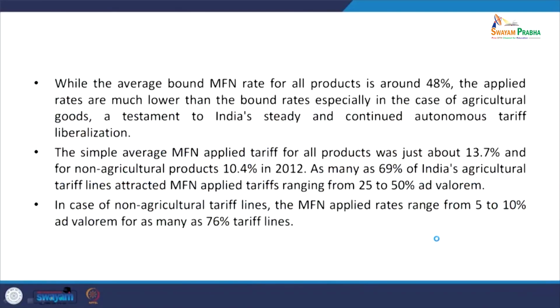As many as 69% of India's agriculture tariff lines attracted MFN applied tariffs ranging from 25 to 50% ad valorem. For non-agriculture tariff lines, the MFN applied rates are 5% to 10% ad valorem for as many as 76 tariff lines. We will clarify those rates when we explain the tariff lines in detail.